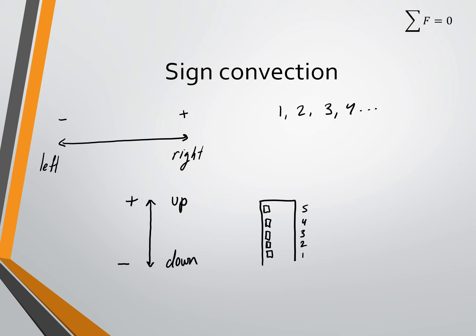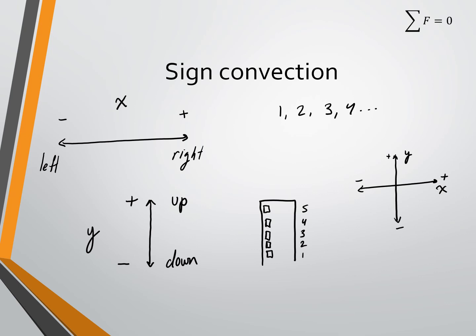However, to help us make sure that we don't mix our rights and our lefts with the ups and the downs, sometimes what you'll see in this class is I'll refer to the X and Y directions. So left and right is going to be X, and up and down is going to be Y. And this is just based on a standard coordinate system that math uses. And so this is also where we see right being positive, up being positive, left is negative, and down is negative.